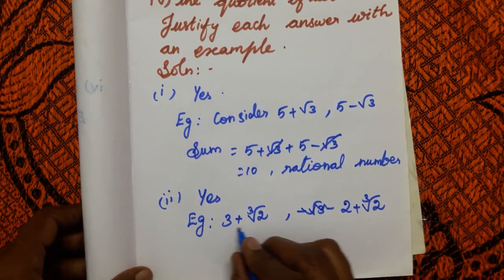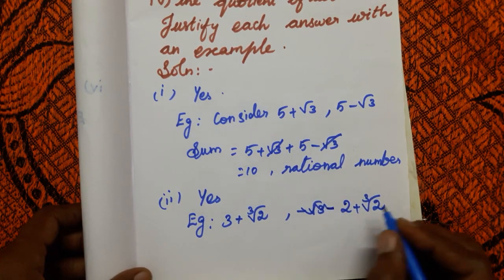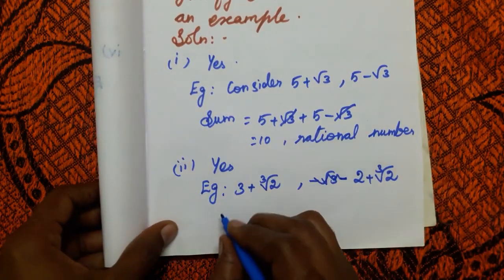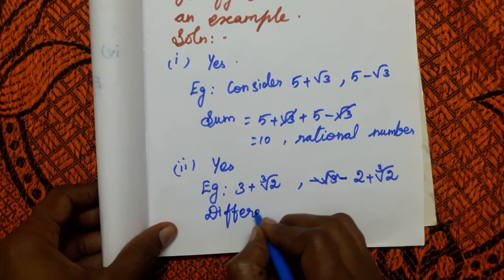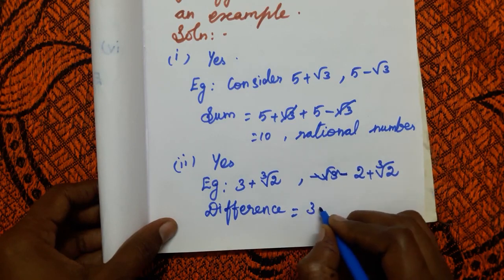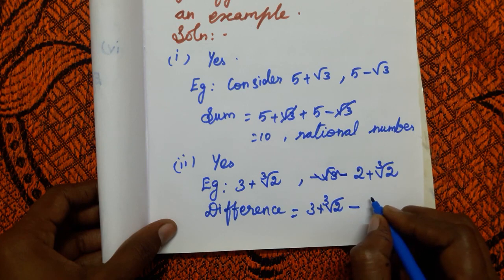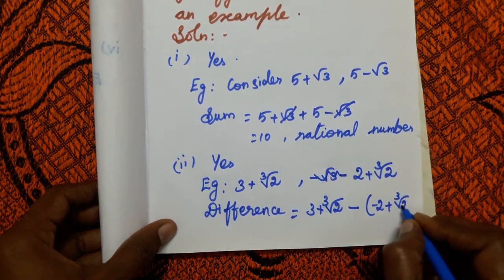Okay. 3 plus cube root of 2, next, minus 2 plus cube root of 2. When we are finding the difference, what are we getting? 3 plus cube root of 2 minus 2 plus cube root of 2.